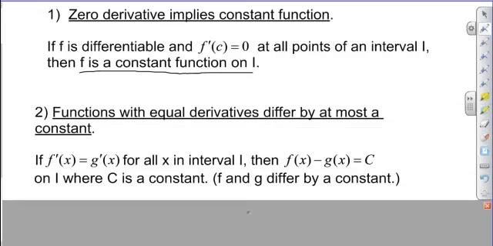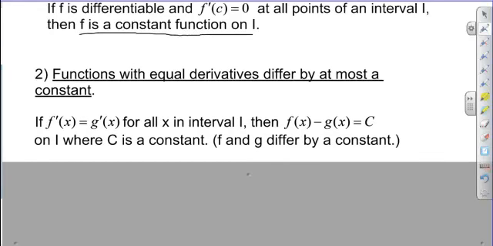Okay. The second point, functions with equal derivatives differ by at most a constant. Okay, and you can think of some examples.